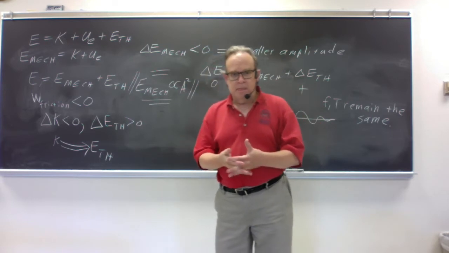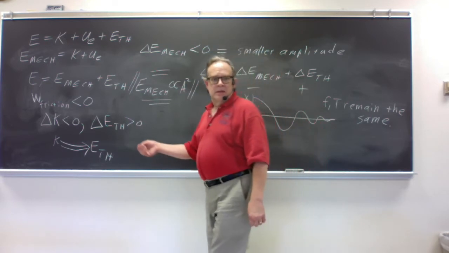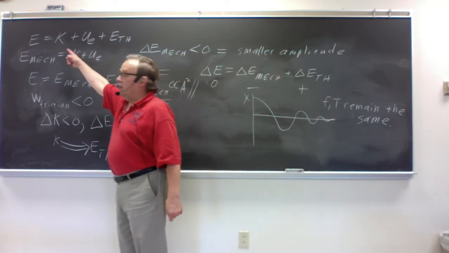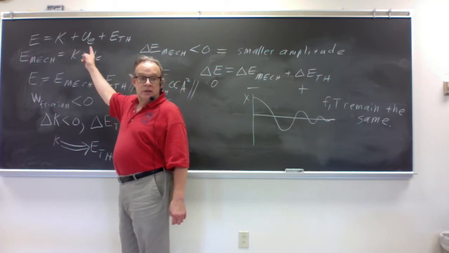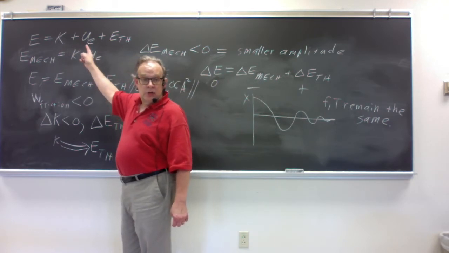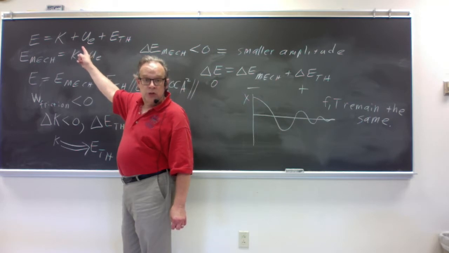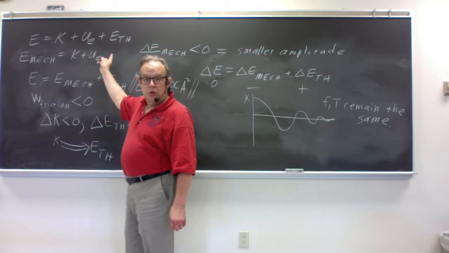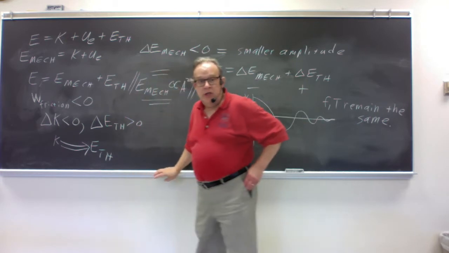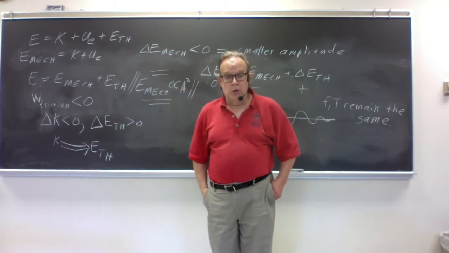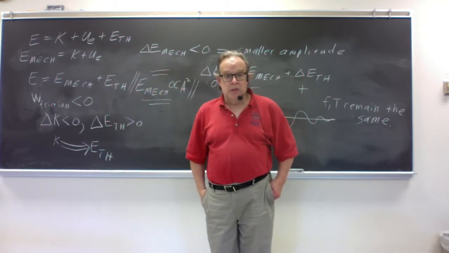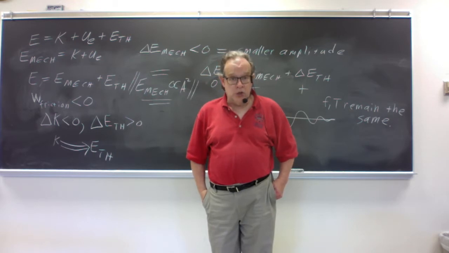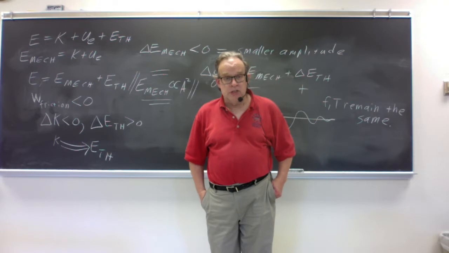Total energy in these kinds of systems is just a sum of the kinetic energy plus the elastic potential energy that exists whenever the spring is stretched or compressed, plus thermal energy. Remember, thermal energy is just the total kinetic plus potential energy of all the molecules that make up the objects in the system.